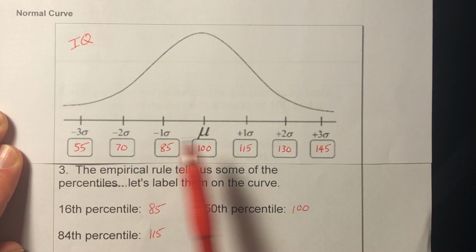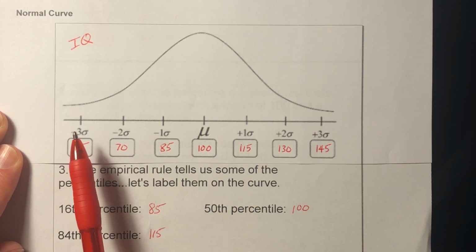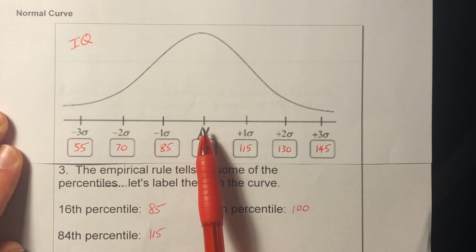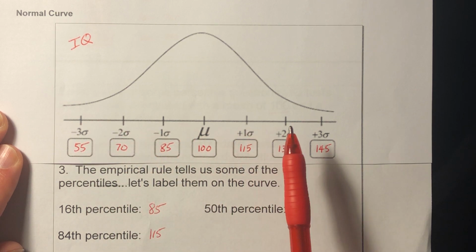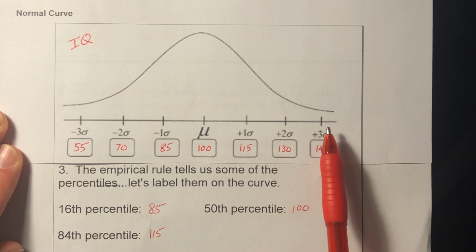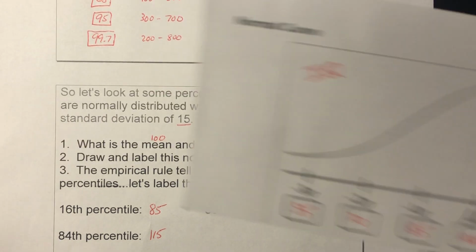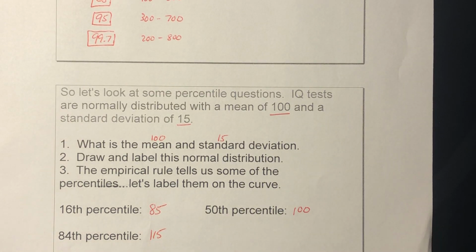So as you go from left to right, remember, this is 0.15, 2.5, 16, 50, 84, 97.5, 99.85. So remember that one, the one chart we shared with you.